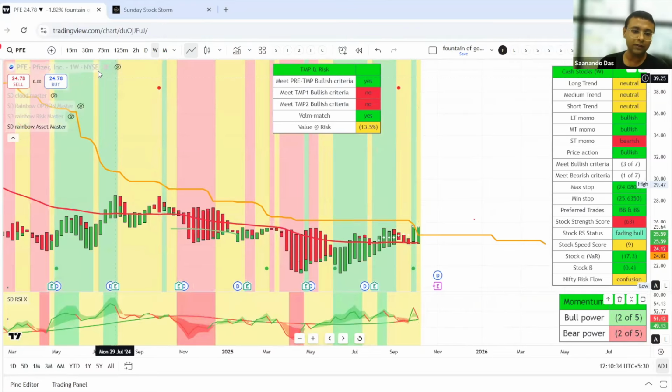This is the US Pfizer stock, NYSE. While the Trump tariff can be bad news for non-US pharma companies, it can be positive news for US-based pharma companies. So I am keeping Pfizer and Eli Lilly, which is another pharmaceutical company, on my radar.